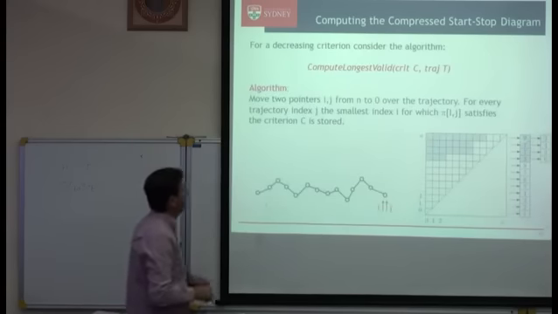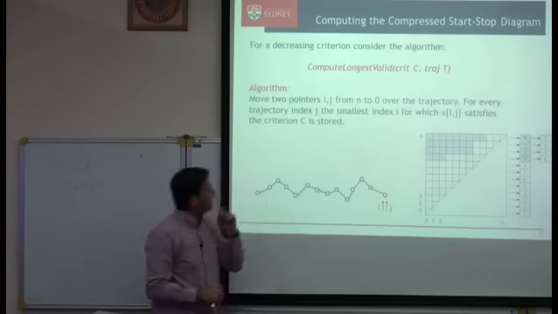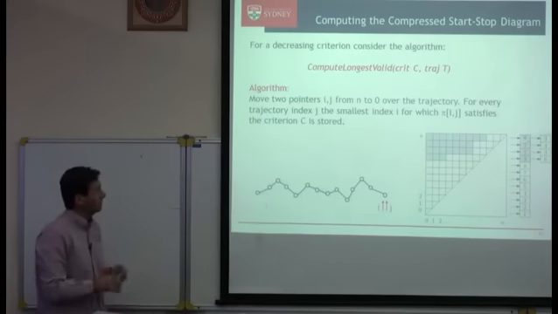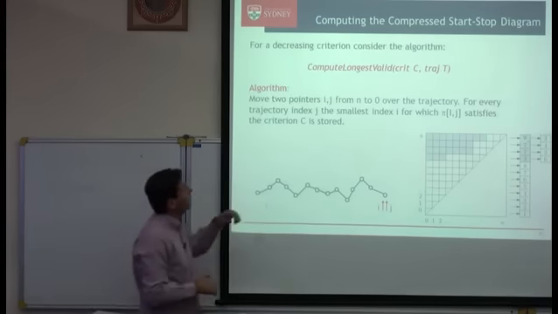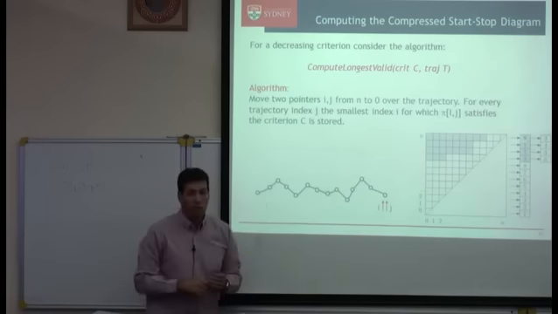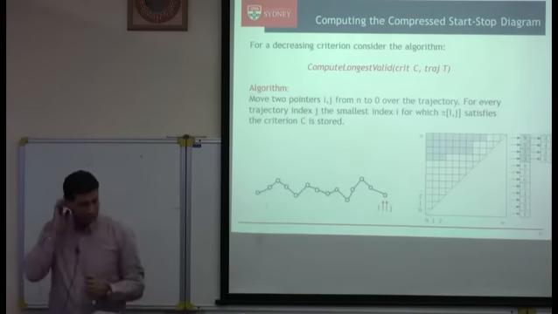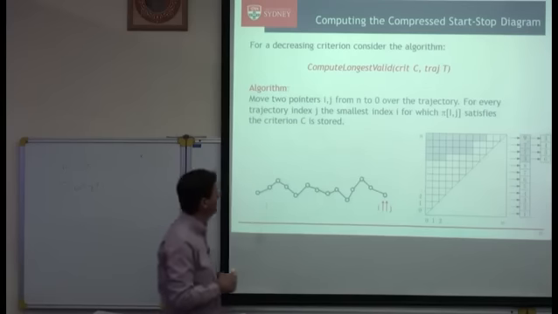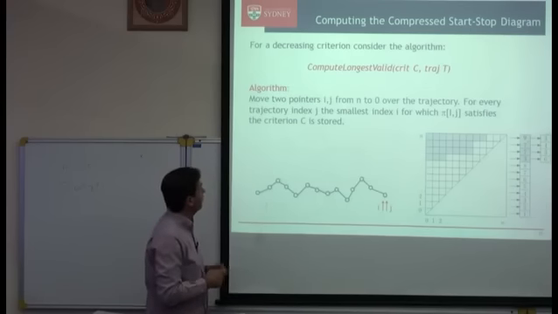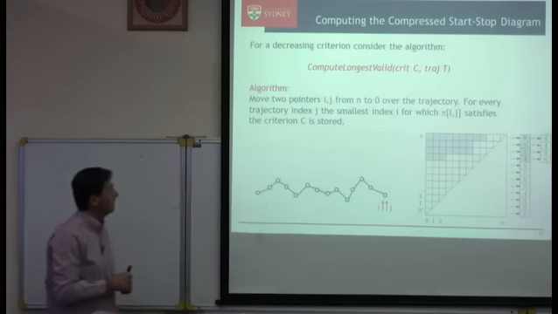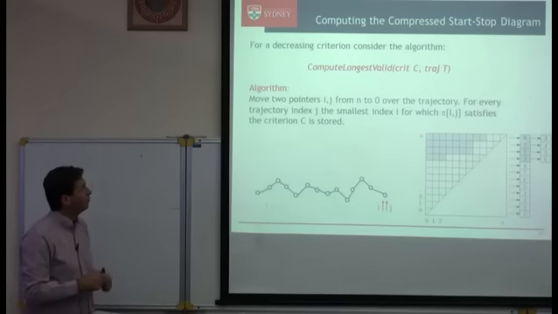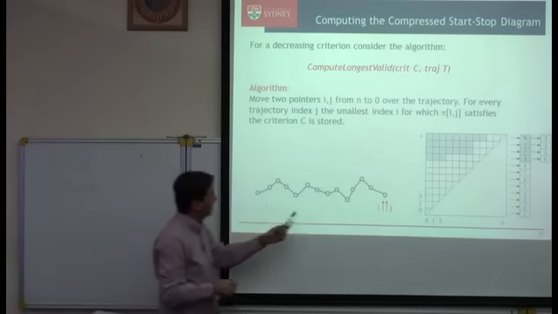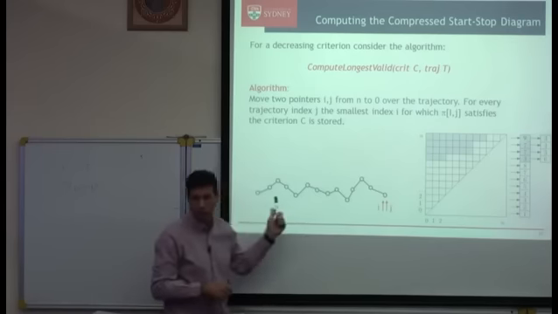Okay, so let's look at just the decreasing criterion, and we want to compute the longest valid segment. So we have a criterion C and we have a trajectory T, and what we can do now is move 2 pointers, I and J, from the back to the front.